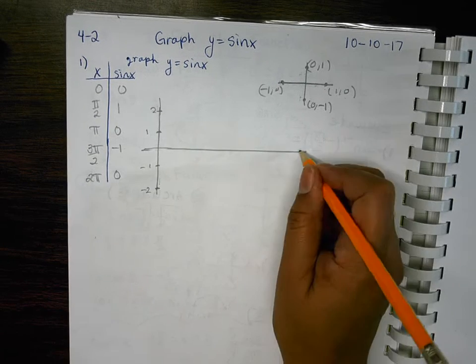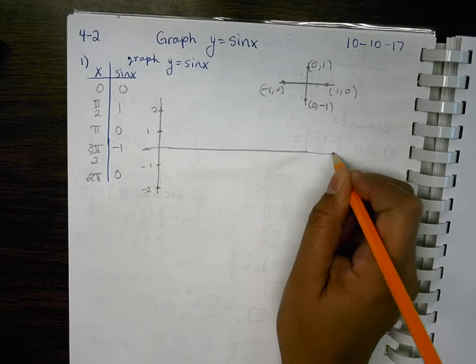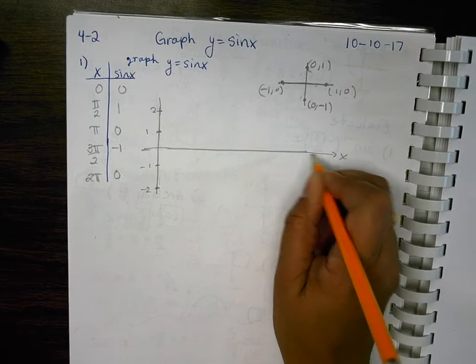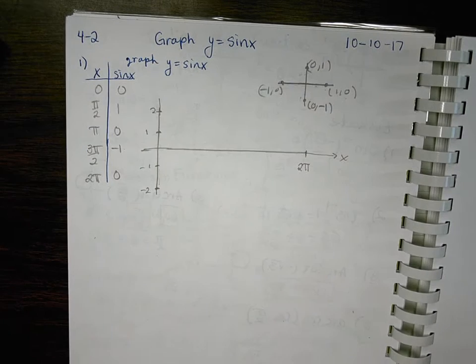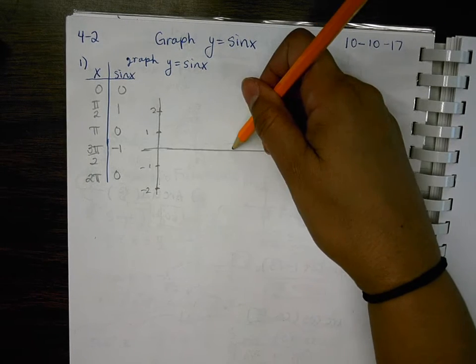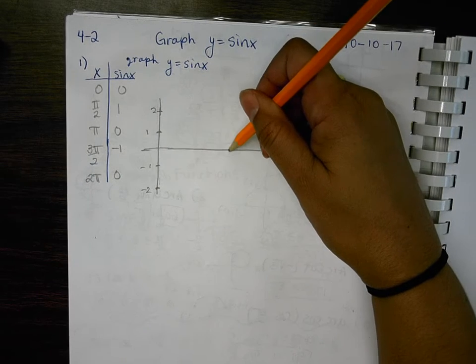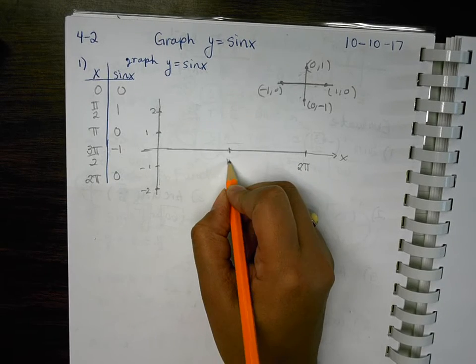What I usually do is just go to where I want to end. So say I call this 2 pi, and then I cut that in half, and I approximate where the midpoint would be, which is pi.